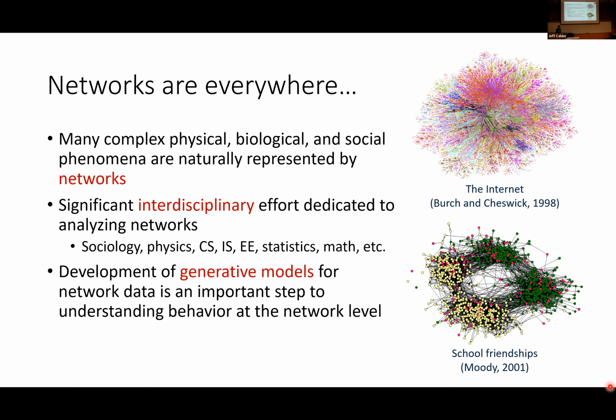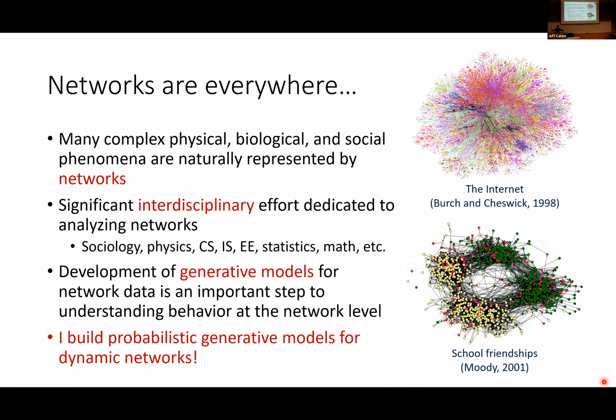So I argue that the development of generative models for network data is an important step to understanding behavior at the network level, so beyond the level of the individual nodes in the network. And to summarize what I do, I build probabilistic generative models for dynamic networks where the network structure changes over time.